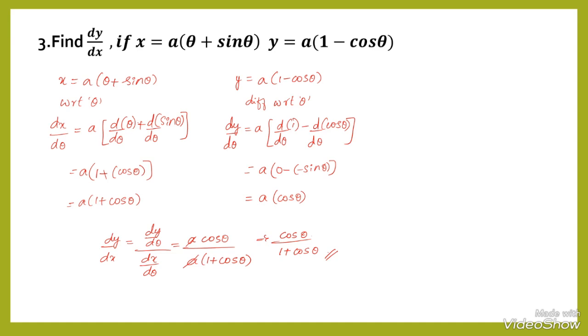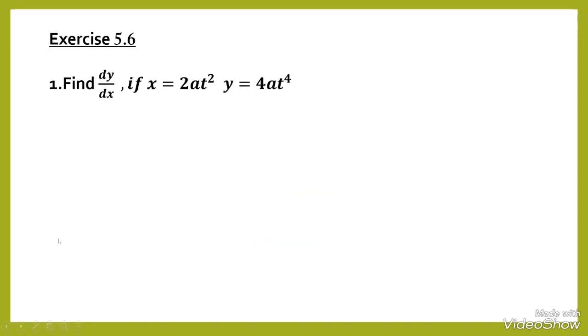Now let's move on to the exercise problem. Exercise 5.6. First one, find dy by dx if x is equal to 2at square, y is equal to 4at to the power 4. Here I consider x is equal to 2at square. Now differentiate with respect to the parameter t.